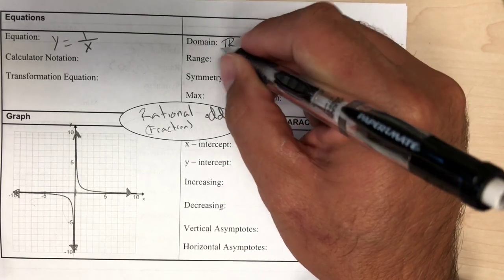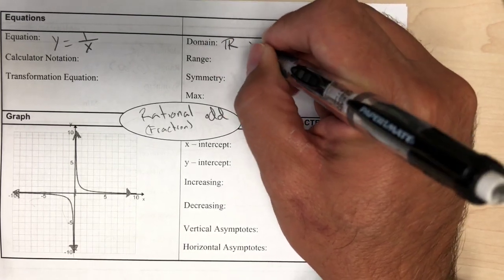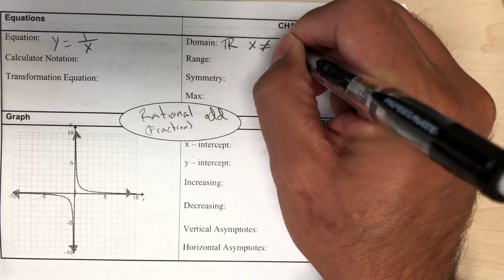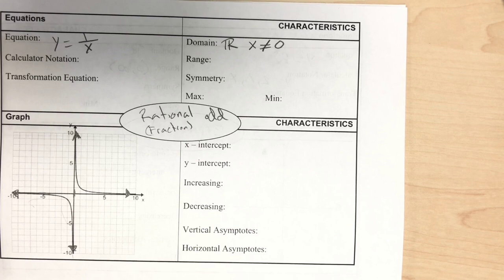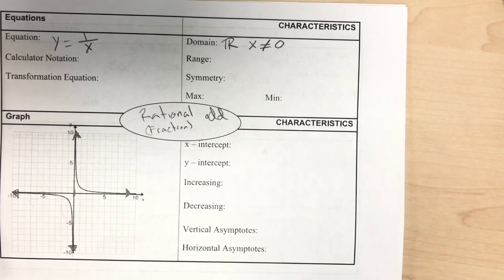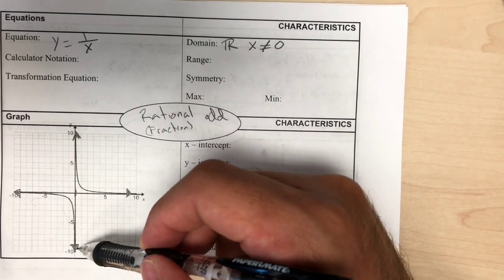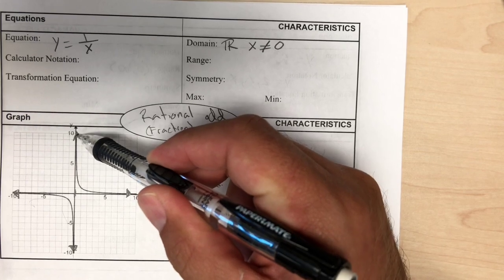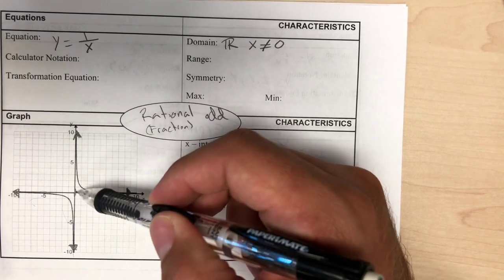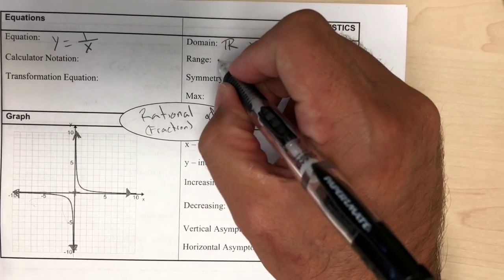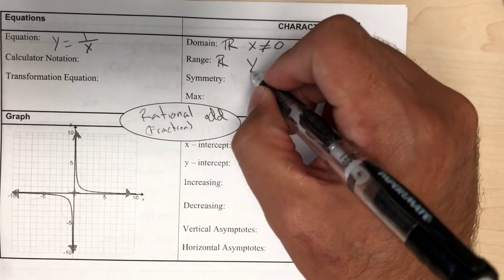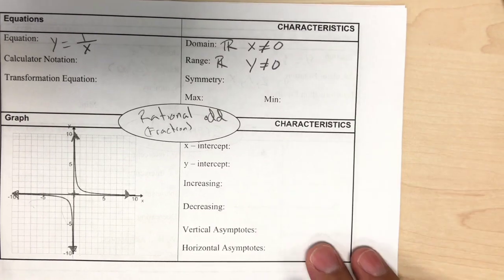So we write that in the domain all reals, and we say x cannot be equal to 0. Okay. And then the range, same thing. It goes from negative infinity to positive infinity, with the exception of this right here, which is also 0. So all real numbers, y cannot equal 0.